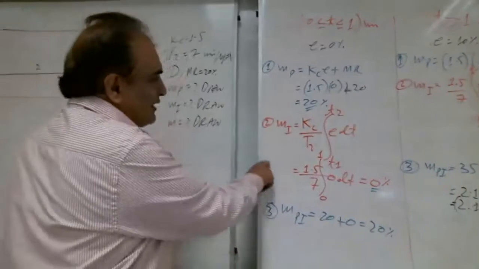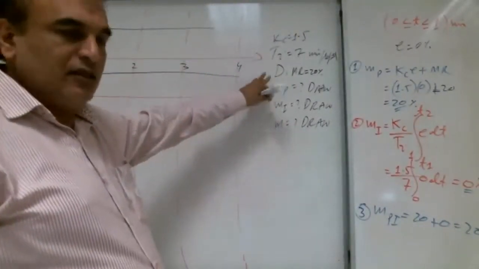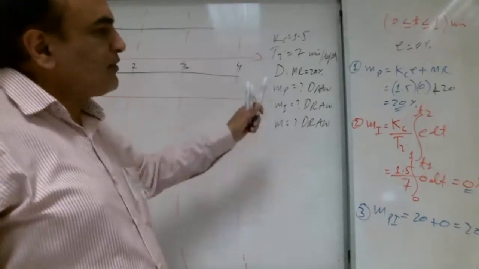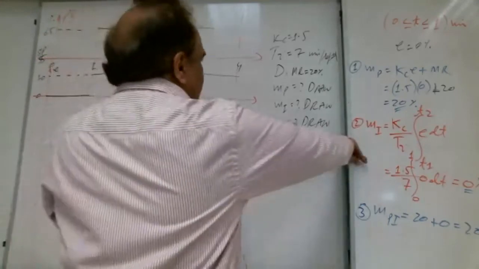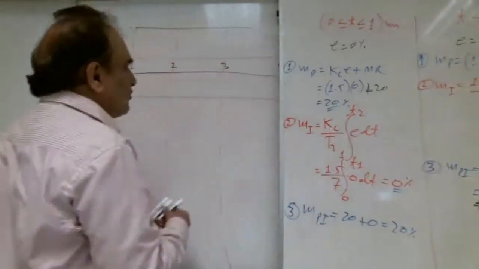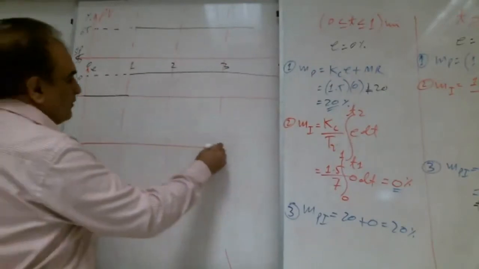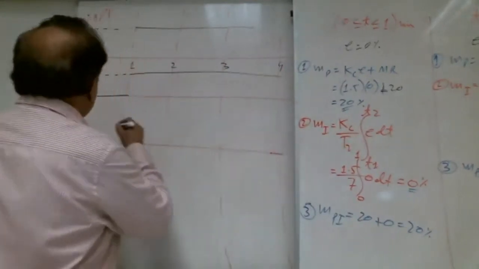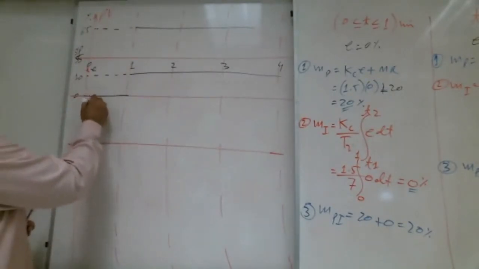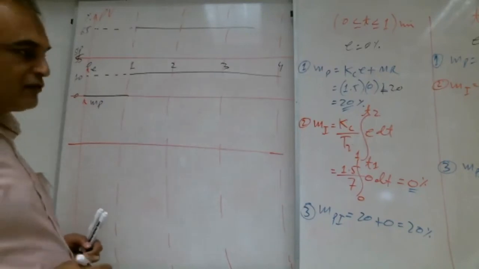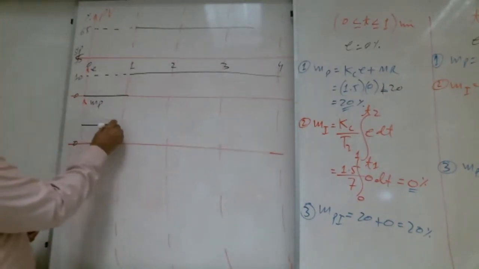Now come here, Shiva. Now we need to draw. First we need to draw MP, the proportional output. From 0 to 1, what is MP? 20, constant. Very good. So 20 here.